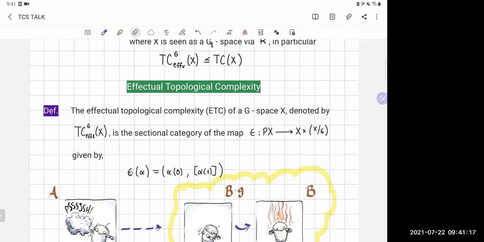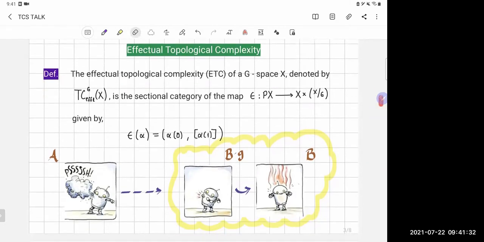So epsilon takes a curve and returns the initial point of the curve and the class of the final point. In this notion, we think of motion planners connecting any given state of the system with a desired final G-orbit.